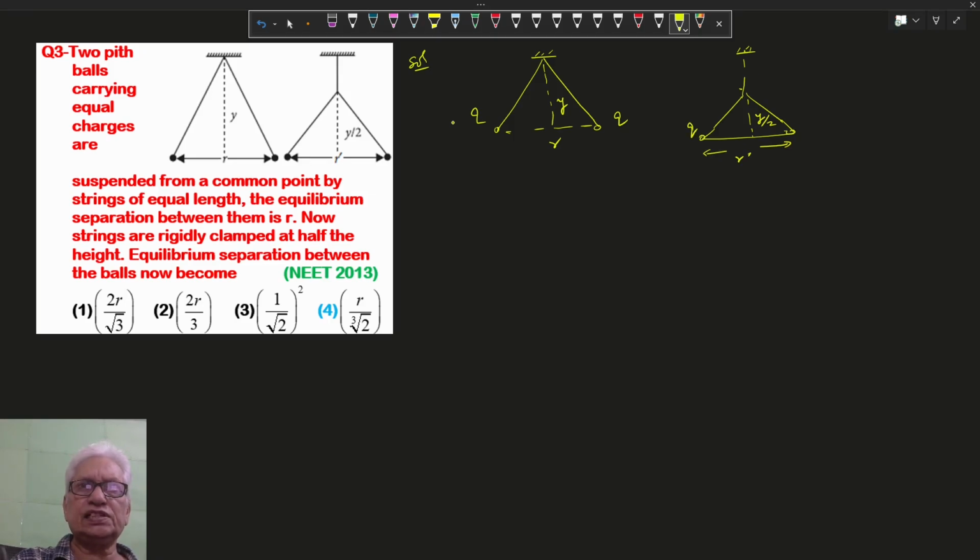In the first case, T1 is the tension and theta 1 is the angle.